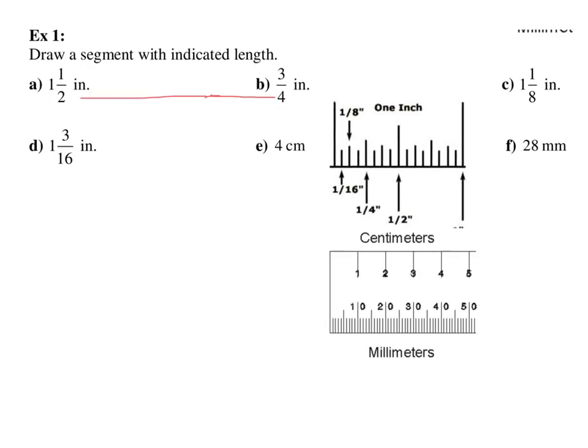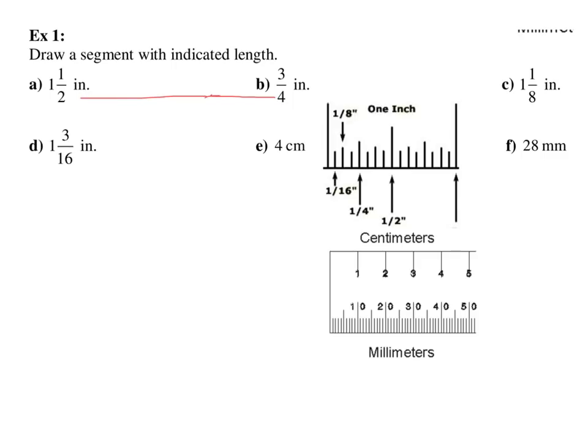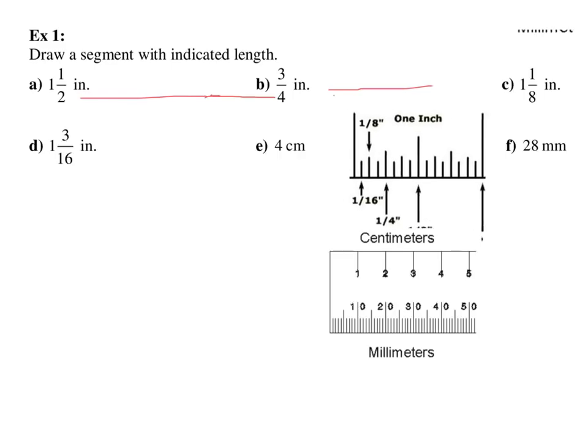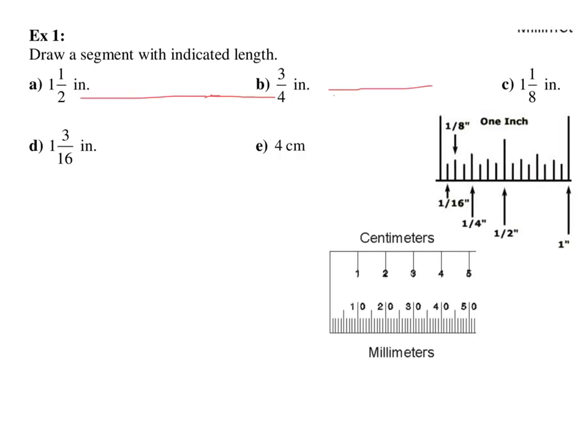Alright, let's go to 3/4 inch. So here I'm at 1/4, then that's 2/4, because that's 1/2, and then that's 3/4. Alright, so there's my segment there. And then 1 1/8 inch. I'll come over here, I'm going to do it just under this here.